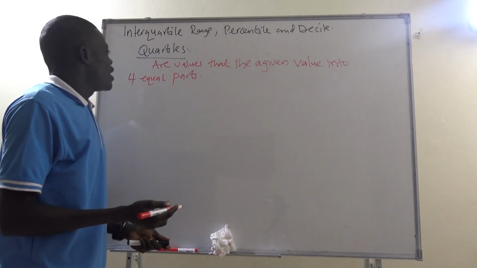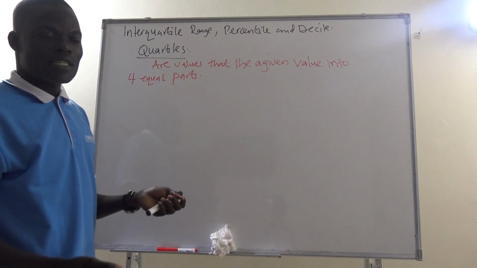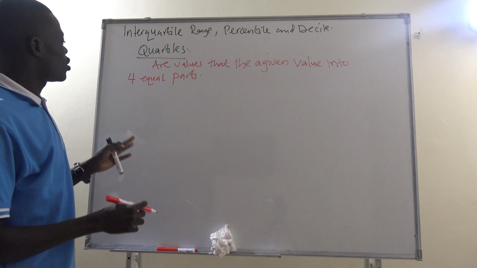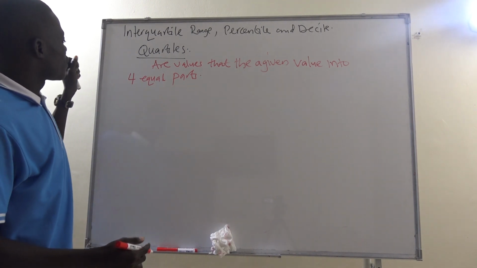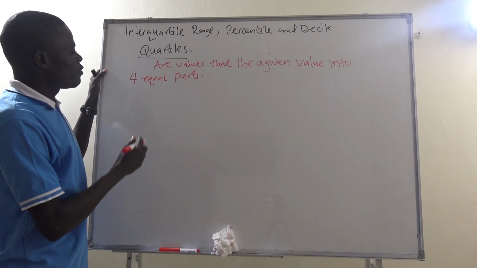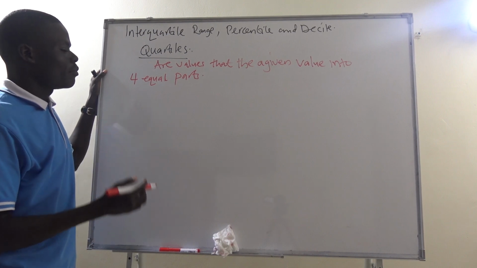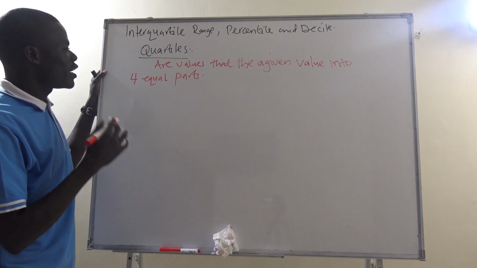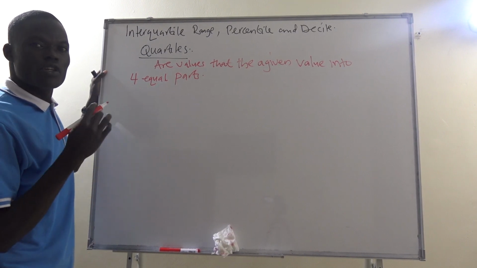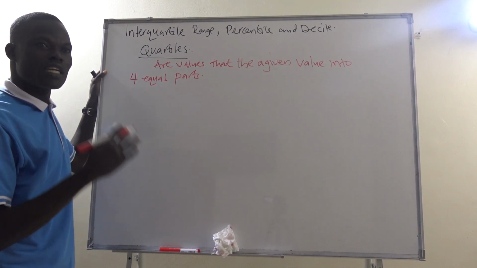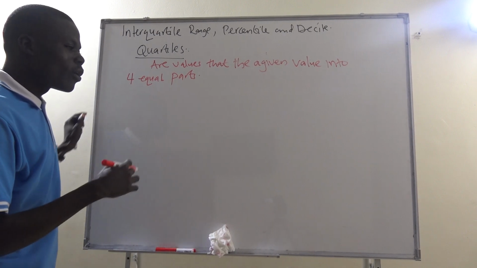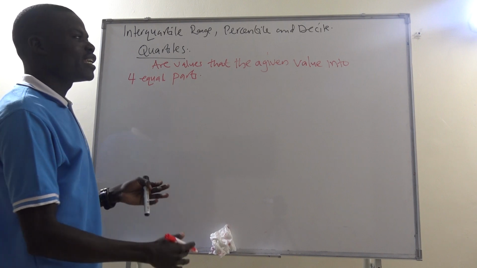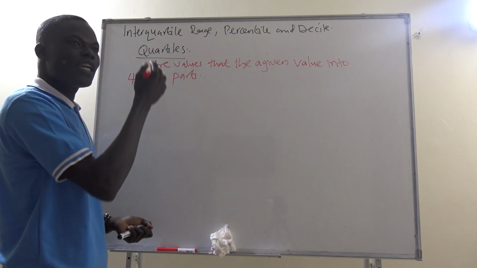So by dividing the value into 4 equal parts, it implies that there are 4 equal subsections. Now we have the lower and the upper. Because if you divide the given value into 4 equal parts, and that value is a result of cumulative frequency, we know that cumulative frequency always accumulates and does not reduce, so it starts from the smallest going to the highest.